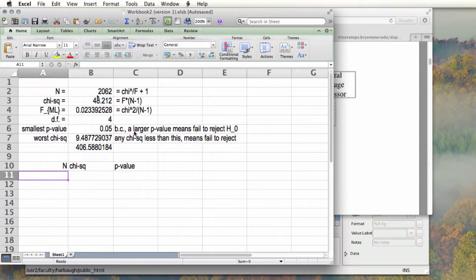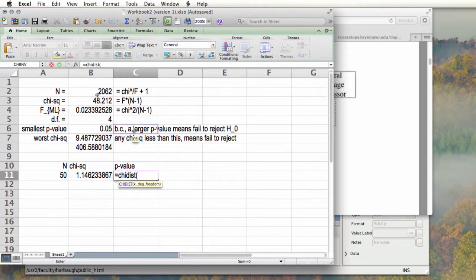If n had been 50, the chi-square value would have been the f function times 50 minus 1, and that p-value would have been CHISQ.DIST with 4 degrees of freedom, 0.08.